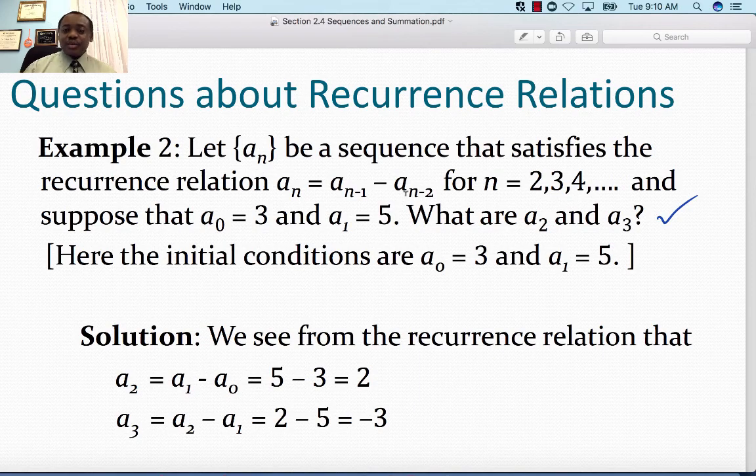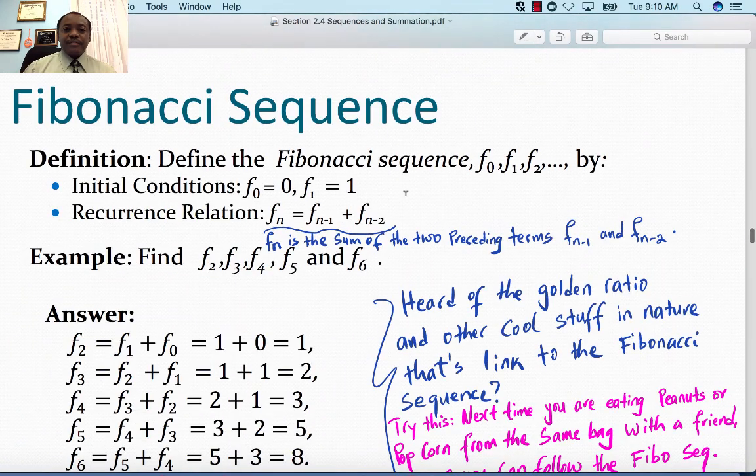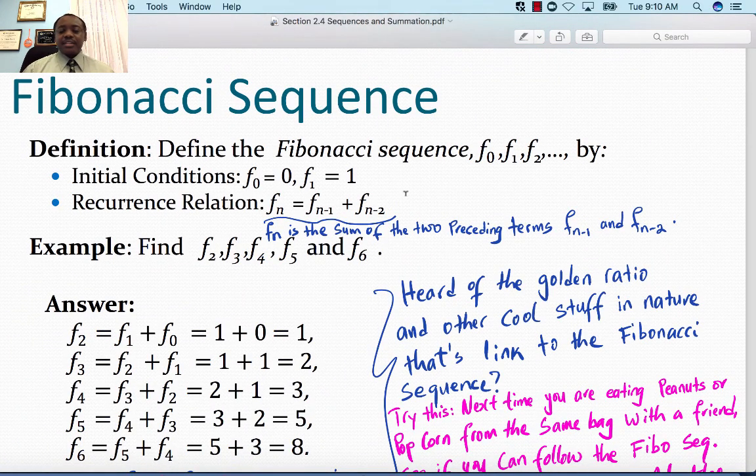Okay, now let's go on to the mother of all recurrent sequences or relations, the Fibonacci sequence. Define the Fibonacci sequence as follows. The initial conditions are F_0 is 0, F_1 is 1, and the term in n is F_(n-1) plus F_(n-2).